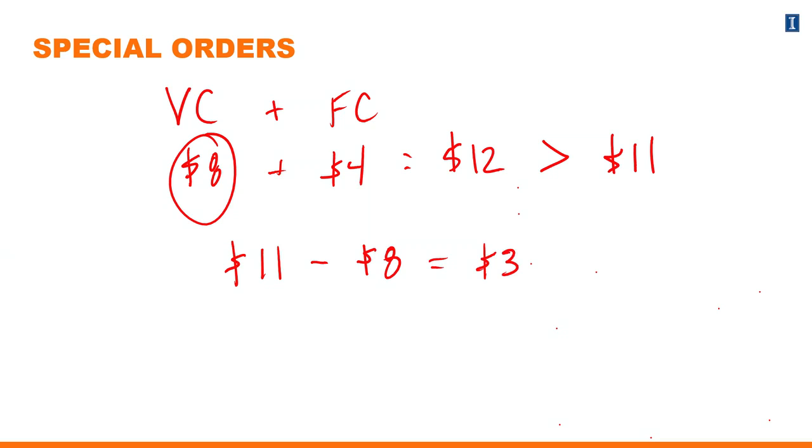Again, I've ignored the $4 fixed cost per unit because we're not giving up capacity or going to have to build capacity in order to produce these additional 2,000 units. So, each of the additional 2,000 units earns us an incremental amount of $3, which in total is equal to $6,000 additional contribution I would earn from accepting this offer.